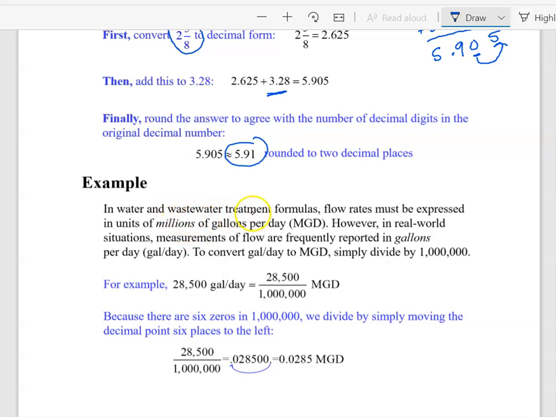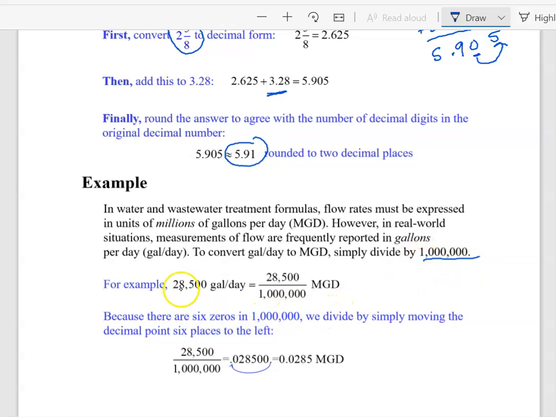In water and wastewater treatment formulas, flow rates must be expressed in units of millions of gallons per day. However, in real-world situations, measurements of flow are frequently reported in gallons per day. To convert gallons per day to millions of gallons per day, simply divide by 1 million.